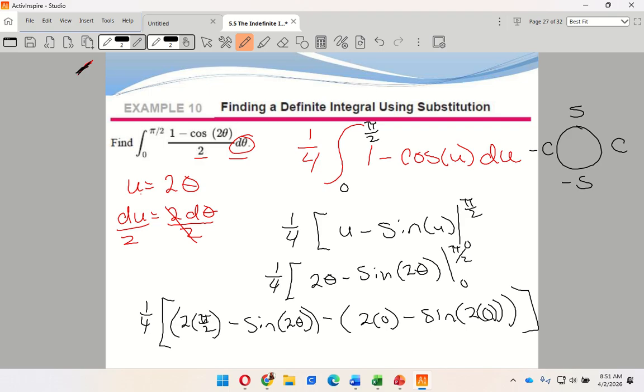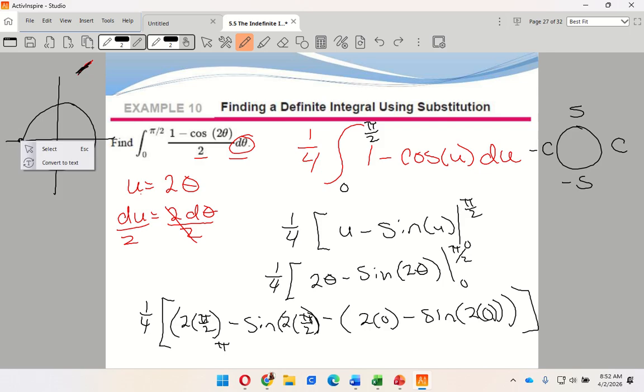So the first side, the top will be pi. Very good. Pi minus, so that's 2... Oh, wait, I didn't replace it here. Sorry. So it was 2 times pi over 2, that'd be sine pi. Sine pi will be 0, but there's a negative, it'll still be 0.